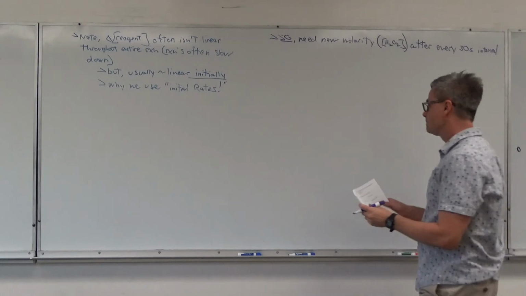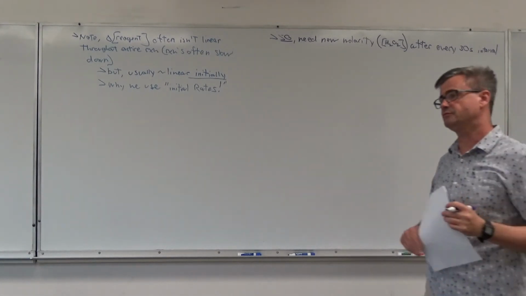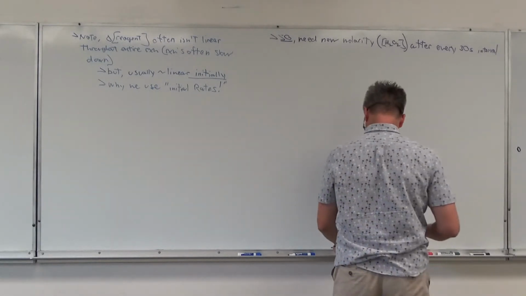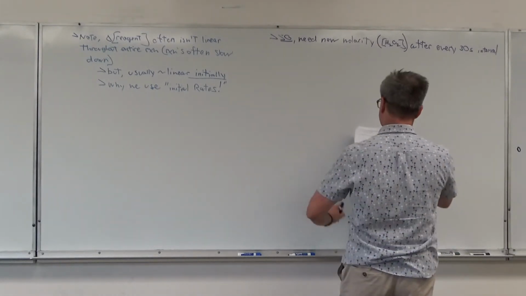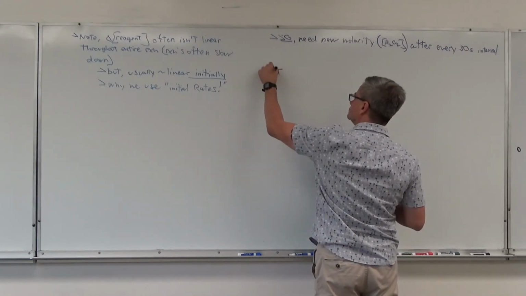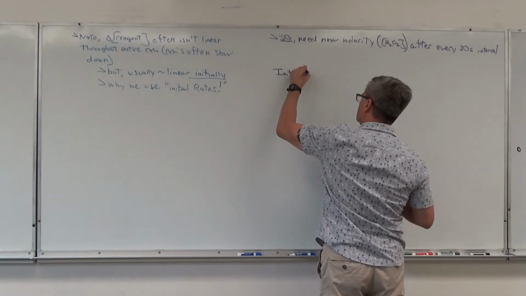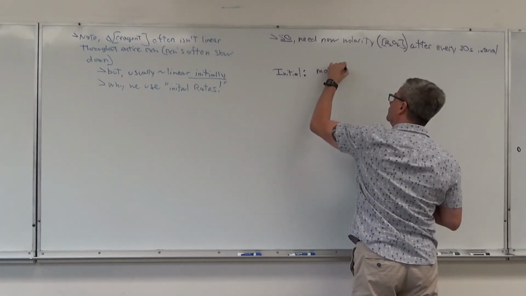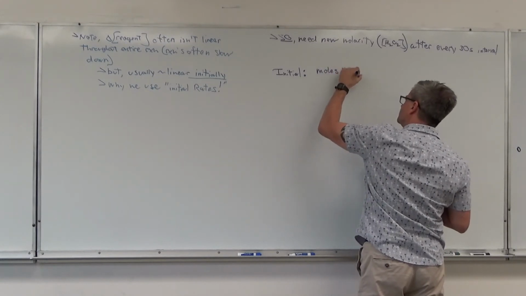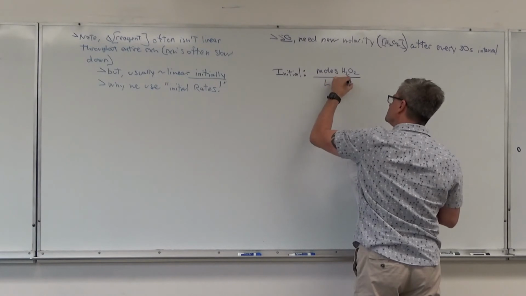Okay. All right, well, to figure that out, we have to first know how much we had initially. Okay. So initially, we get our moles of hydrogen peroxide over our liters of solution.